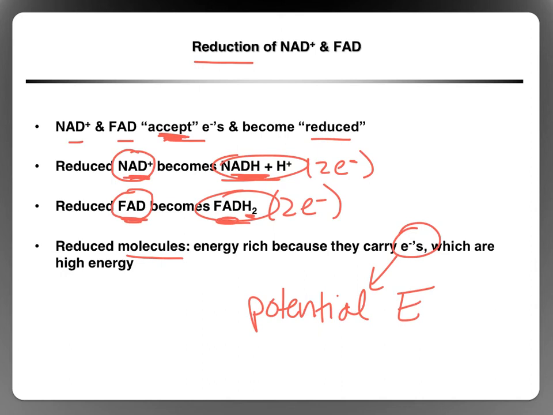In the process of the electron transport chain, we're going to take this potential energy out of the electrons and use it to make ATP. So we call this reduction.